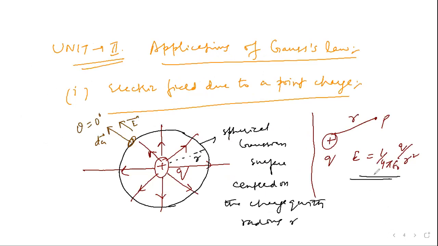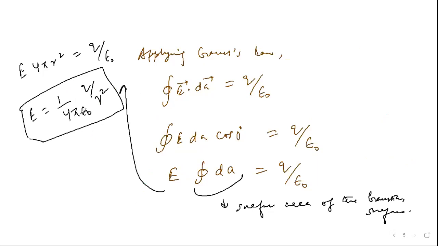Now see, same result as you obtain from Coulomb's law. So electric field due to a point charge Q, r distance from the charge is 1 by 4 pi epsilon naught Q by r square. This was one application of Gauss's law.